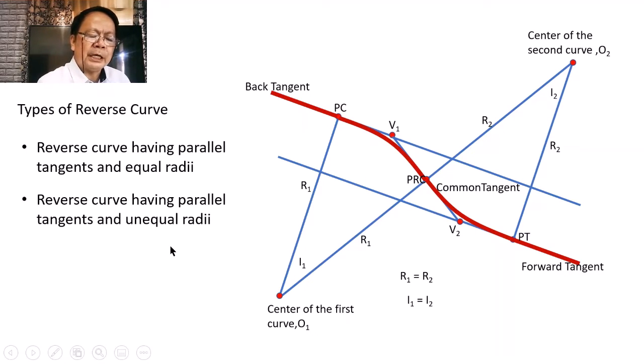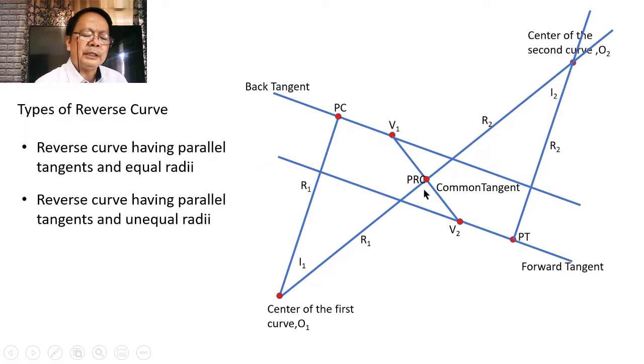So ipakita natin halimbawa na kunwari, ito yung ating mga element, galawin natin ang point of the reverse curvature. Either we move closer to V sub 1 or V sub 2, but I will be moving it to V sub 1. Kapag ginalaw natin itong ating PRC, definitely we have to also move our PC so that this distance from here up to that distance will also be the same as the distance from here up to that distance.